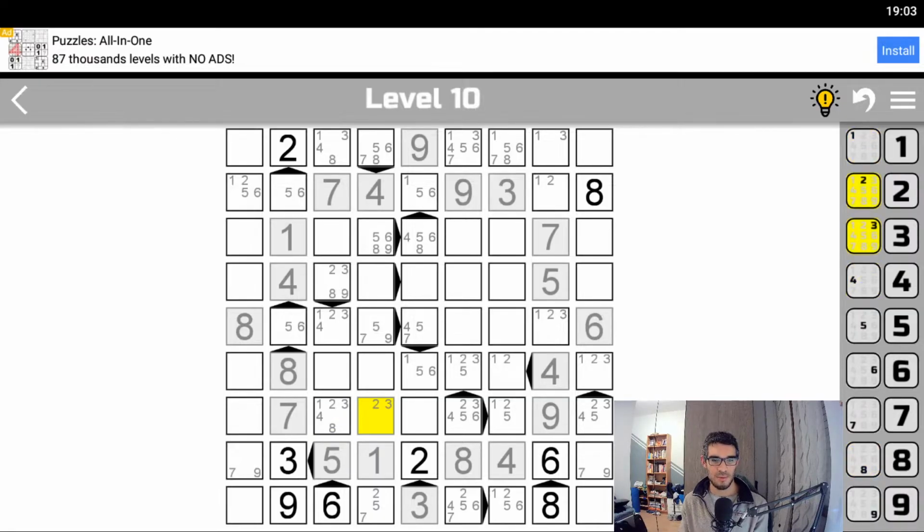This one could be a 2, a 3, 5, 6, 7, and 8. This one could be a 1, 4, 5, 6, 8. And lastly, this one could be 1, 2, 3, 4, 5, 6.